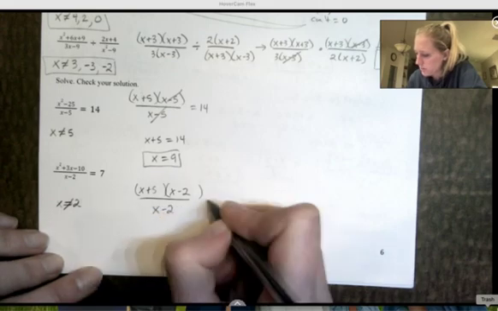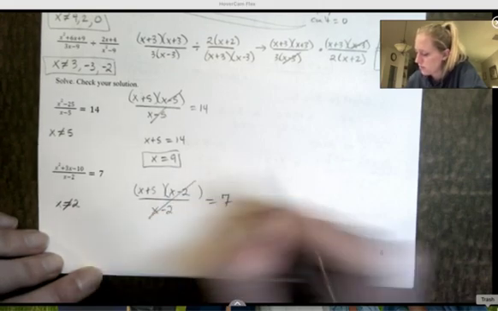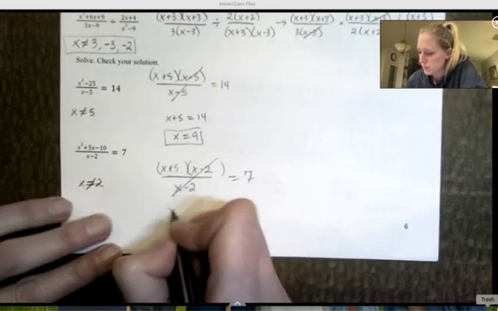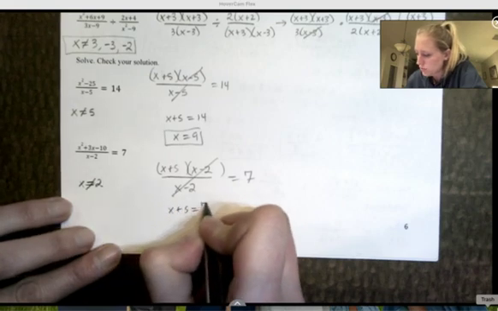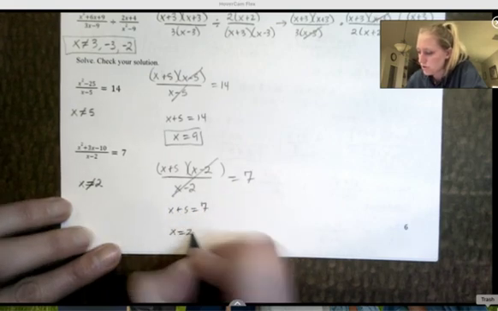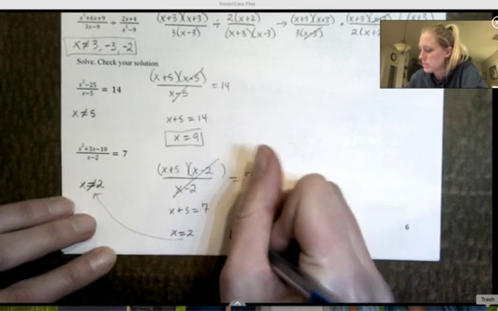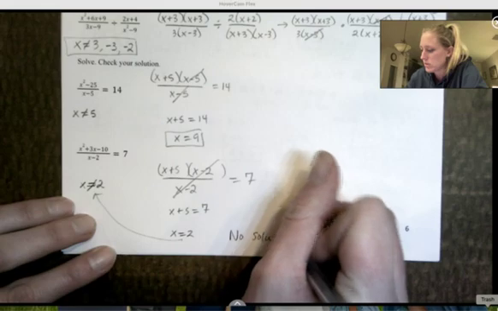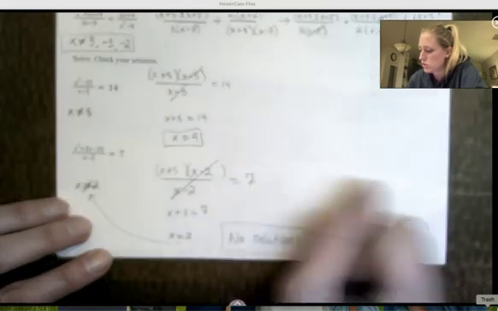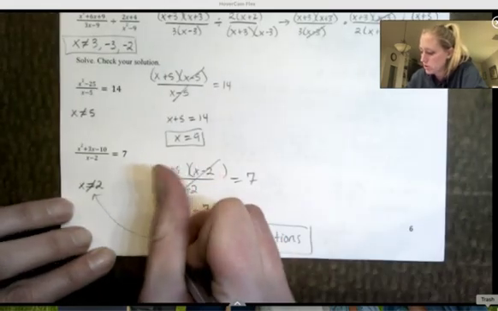Okay, my x minus 2's can cancel. So I have x plus 5 equals 7. Subtract 5, I get x equals 2. But we just said x cannot equal 2. So this is really no solutions. 2 is what we call an extraneous solution.